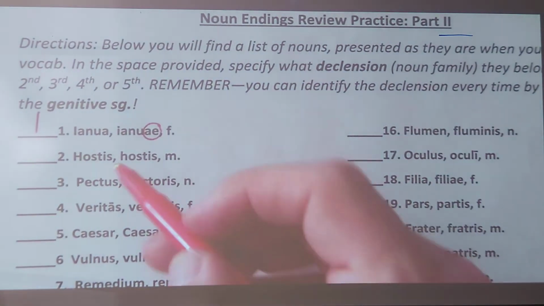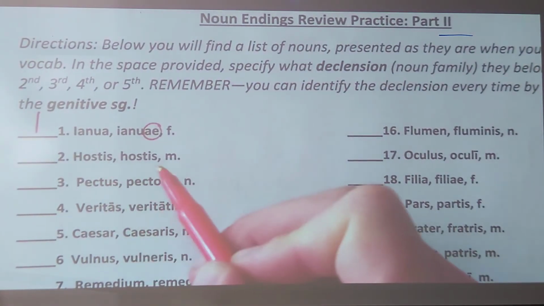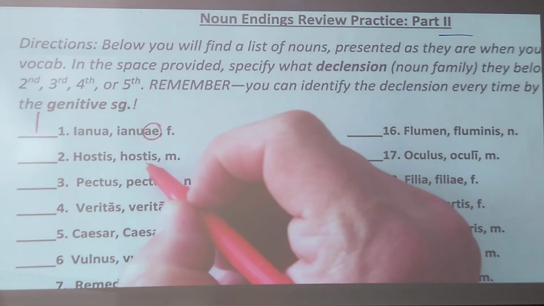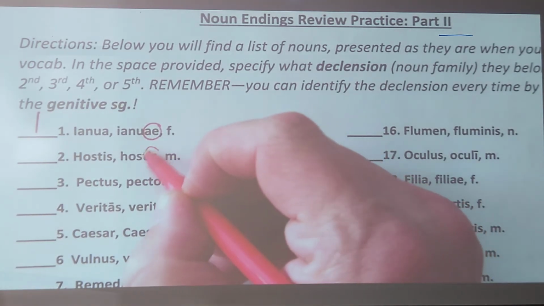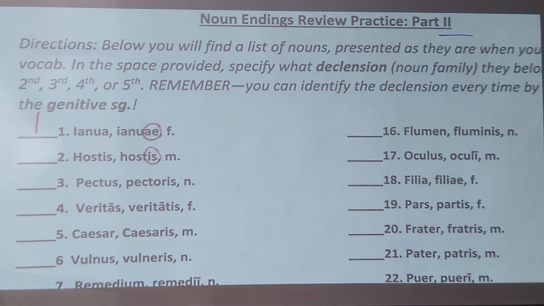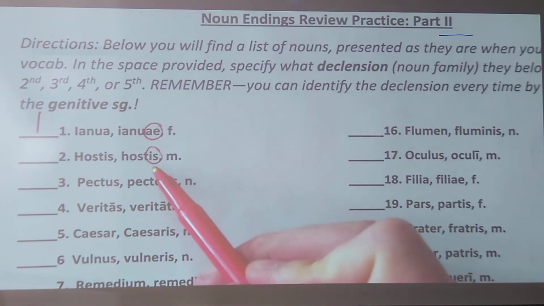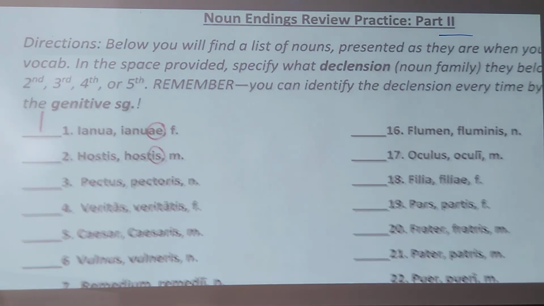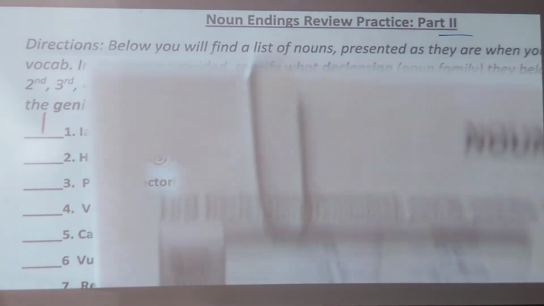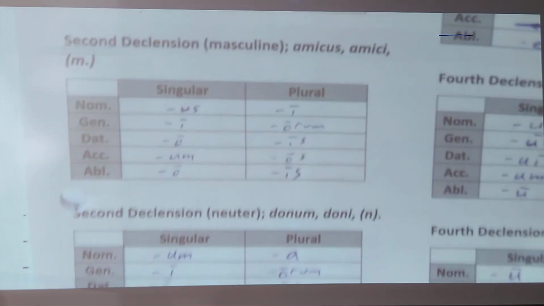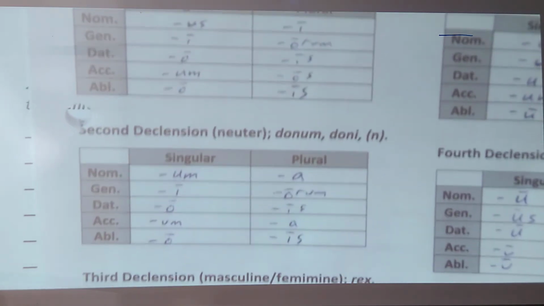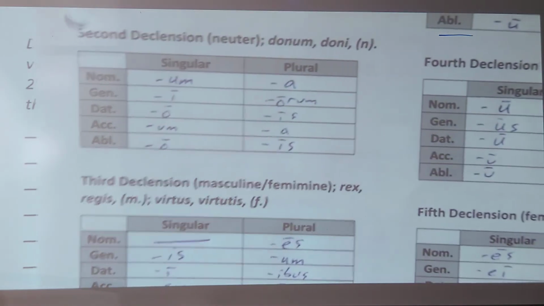All right. Looking at number 2, we have hostis, hostis. Your genitive singular is is. Okay, so looking at your chart, where is the only declension that you find is in the genitive singular? Third declension.